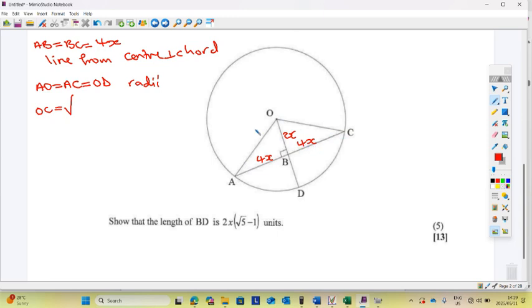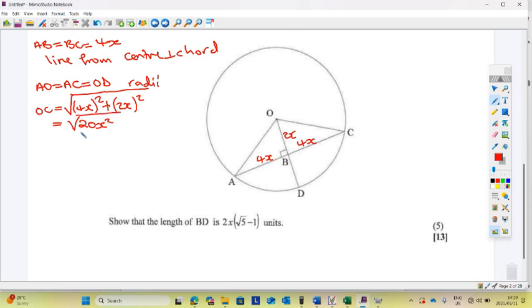So we are saying your OC is equal to the square root of, this is OC, our hypotenuse, the square root of 4x squared plus 2x squared, that is under the square root there, and this is going to give you 16x squared plus 4x squared, and that gives you the square root of 20x squared.